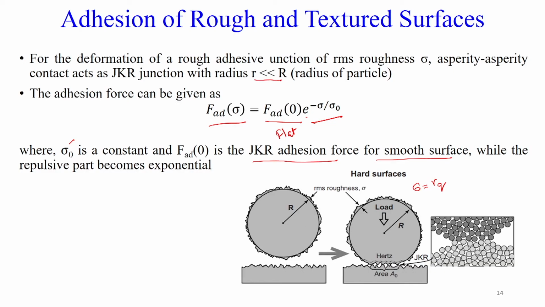And then further we saw that in actuality, whatever we consider, either sphere or surface, they are not going to be smooth. They may have nano roughness or micro roughness, and we considered that the adhesion force is related to the exponential of the RMS roughness.